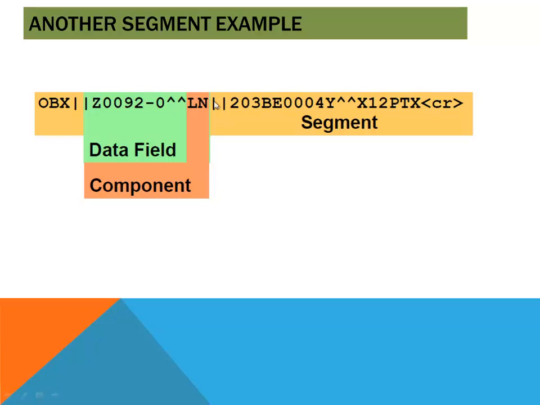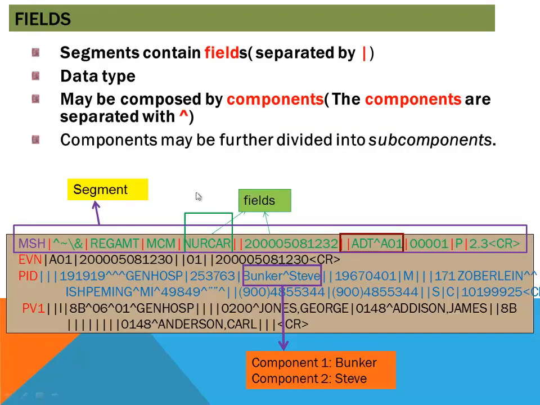So this is used inside a segment to separate different fields. We can also see this piece of message. If we talk about the first segment, the message header segment, we have found many vertical bars. Inside the vertical bars, that's one field.